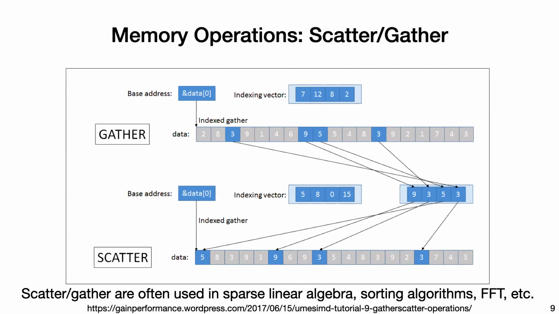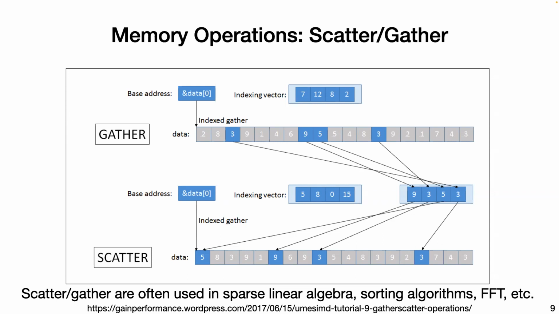Okay. Another primitive that we often use in SIMD is called scatter gather. So gather is you have some array, this is your data, and you give it an indexing vector. So here 7, 12, 8, and 2. And those are the indices of the elements that are going to go into your output. So the element at the 7th index is 9. The element at the 12th index is 3. The element at the 8th index is 5, and the second one is 3.